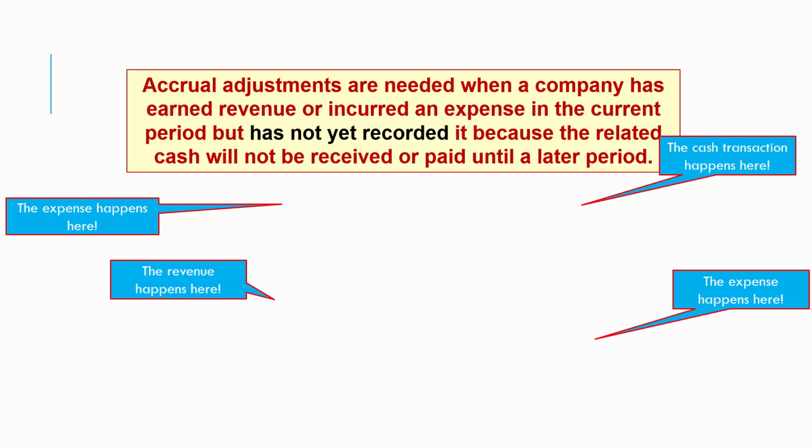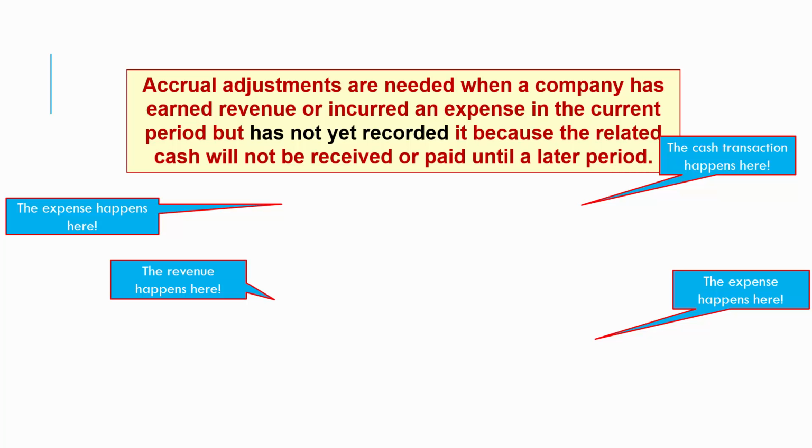Whereas with deferrals, you wanted to put in the revenue or expense later, accrual means you want to put that in now. And if you're putting the revenue and expense in now, these adjustments occur because the cash is only going to come at a later period of time. So the cash will be received or paid at a later time.